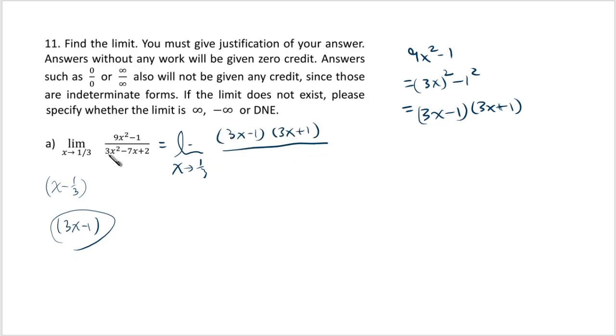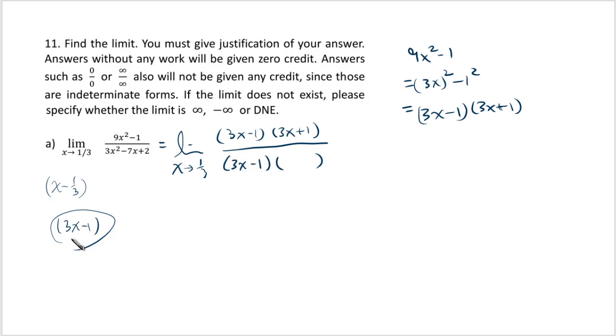On the bottom, you don't know how to factor this, but we kind of have an idea that it should have 3x minus 1 and you should have something else here. The reason I say this is because we plugged in 1/3 to the bottom and you got 0, right? And if that happens, then you should have this factor by the factor theorem.